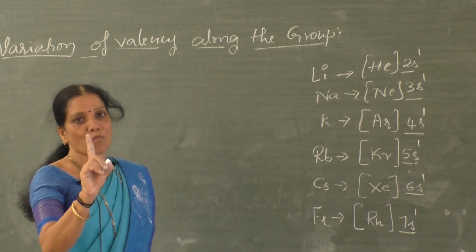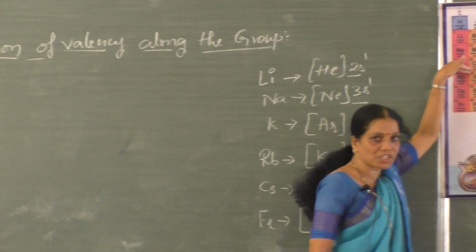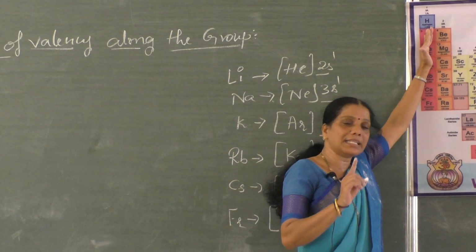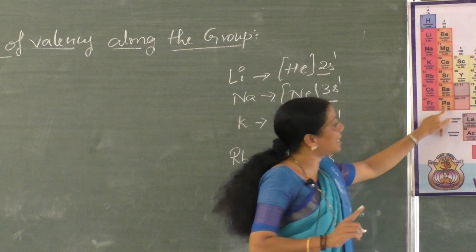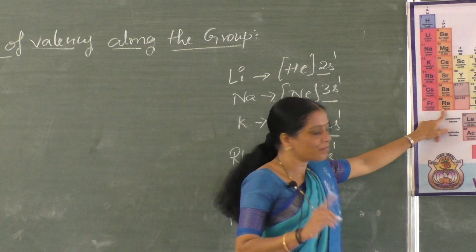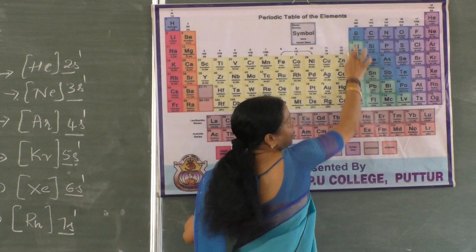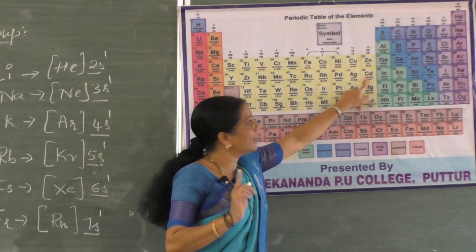If you consider the second group, we have written the electronic configuration in the last session itself. The number of valence electrons present in the outermost shell is always 2. What is the valency of these elements? Always 2. The combining capacity is 2. For any of the elements of the 13th group, the valency is always 3.